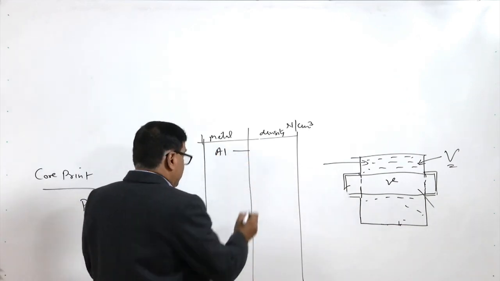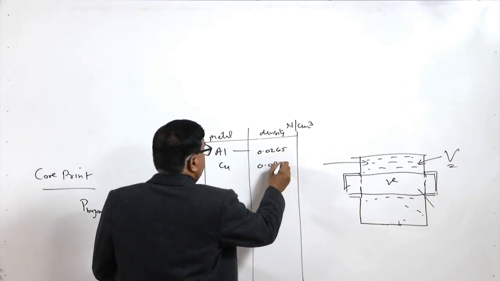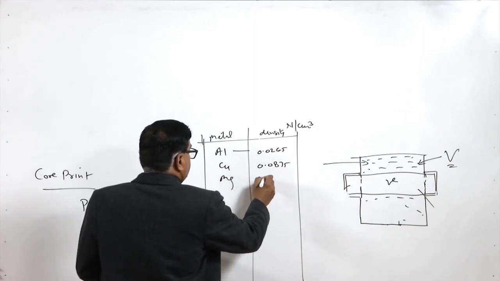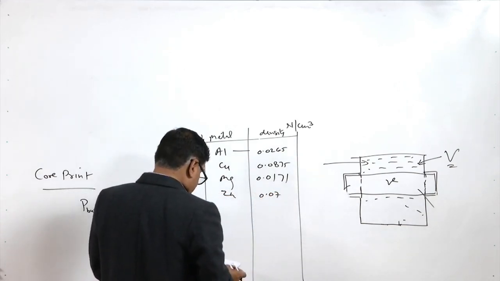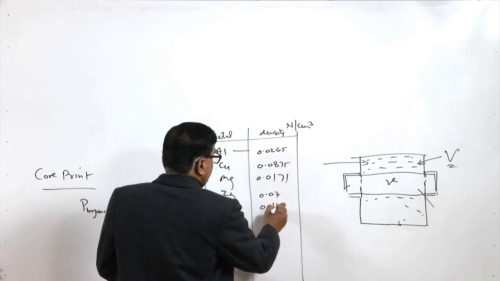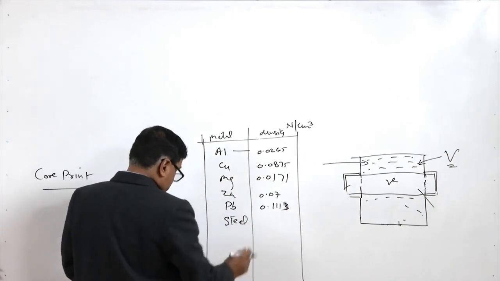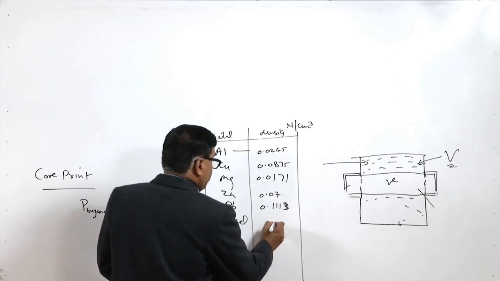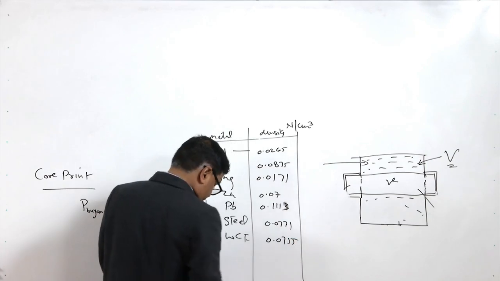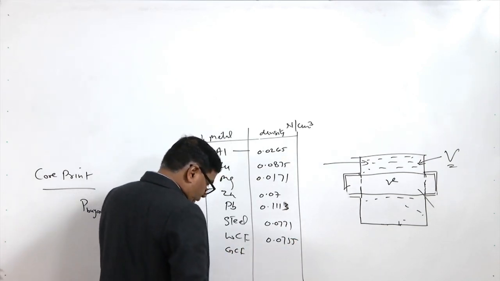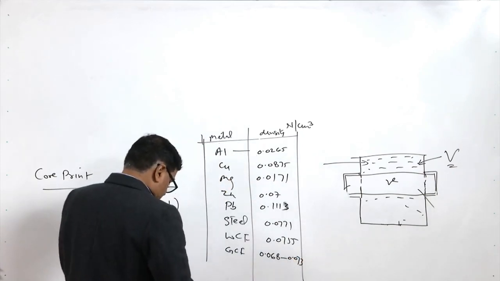For aluminum it is 0.0265, for copper 0.0875, for magnesium 0.0171, for zinc 0.07, for lead 0.1117, for carbon steel 0.0771, for white cast iron 0.0755, and for grey cast iron it varies over a range from 0.068 to 0.073.